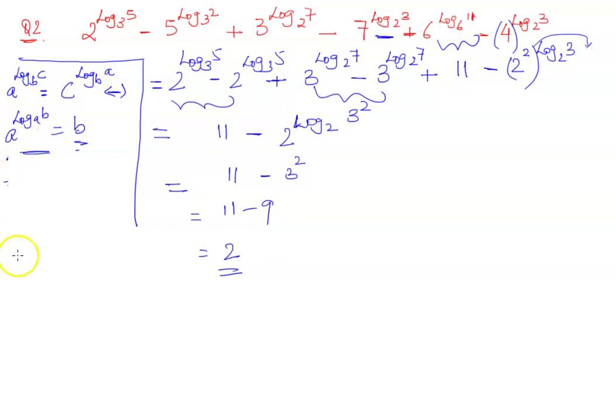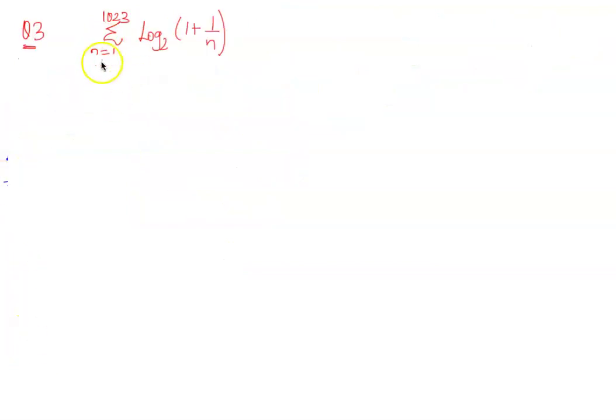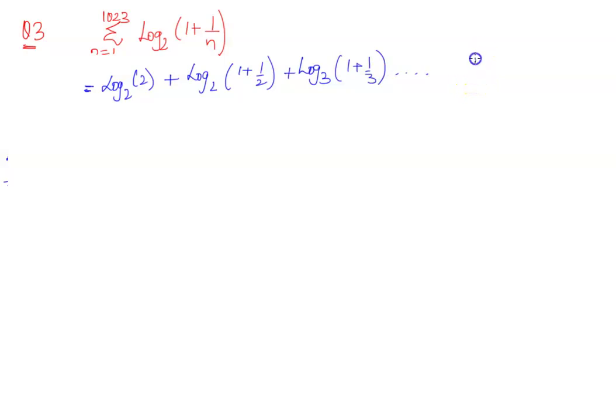Cool. Let's solve the third question. Okay. So let's solve question 3, where we're saying summation over n equals 1 to 1023 of log of 1 plus 1 upon n to the base 2. Let's first expand this series. So n equals 1 will make log to the base 2, plus n equals 2 will make this, n equals 3 will make this, and so on. 1 plus 1 upon, let's substitute n as 1023.